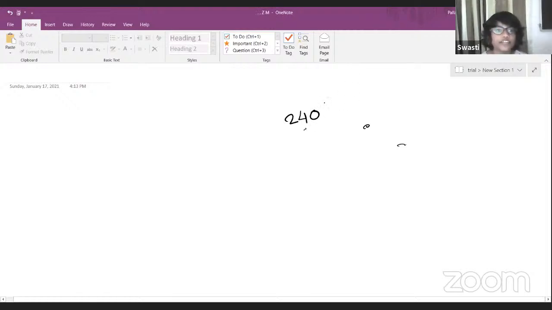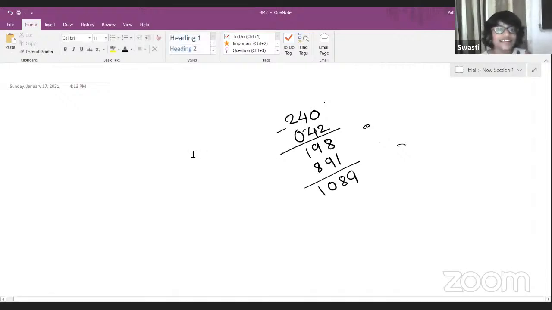So now 240 minus 42 is 198. And then 198 plus 891 is again 1089. Wow. So what do you think? Is there any number like 1089 for 2-digit numbers?